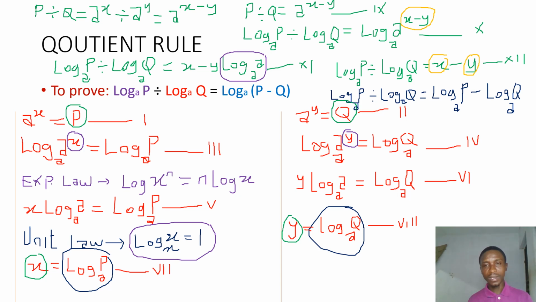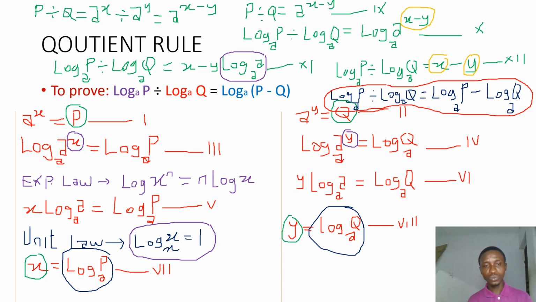This is our quotient rule. Compare this to what we have earlier. We want to prove that log p base a divided by log q base a equals log p minus q base a, and that's what we have here now.